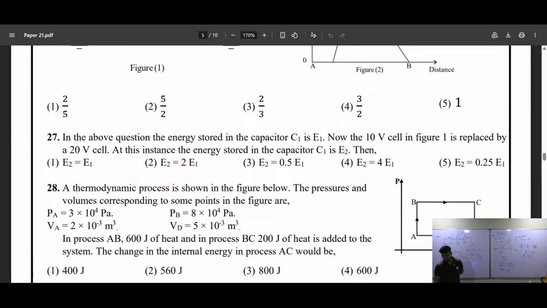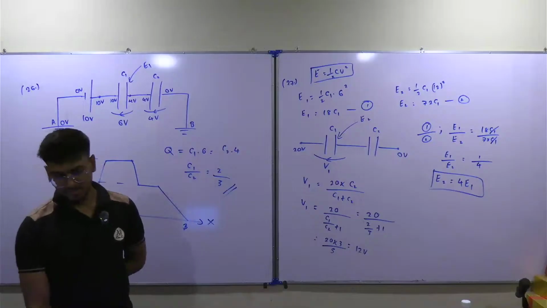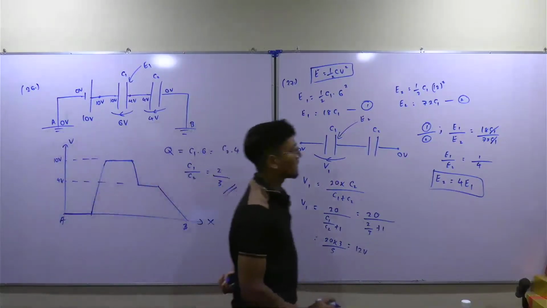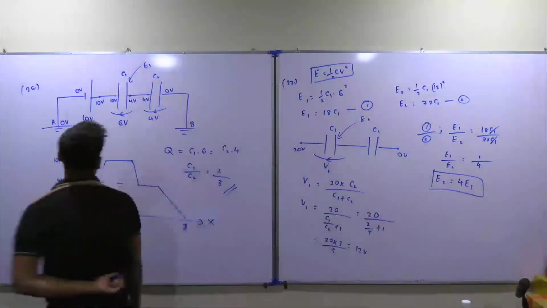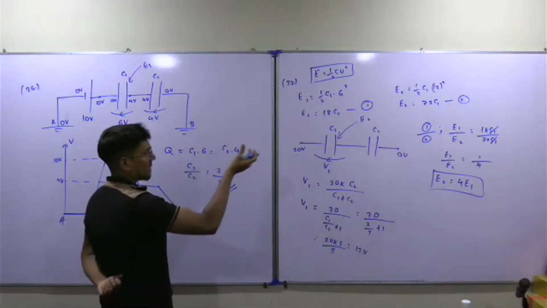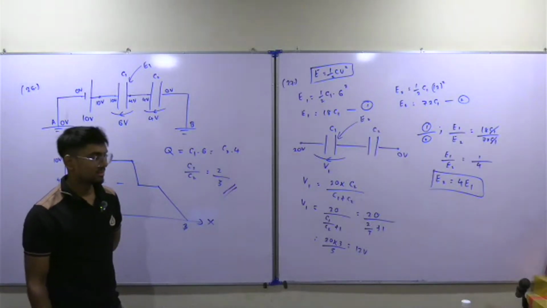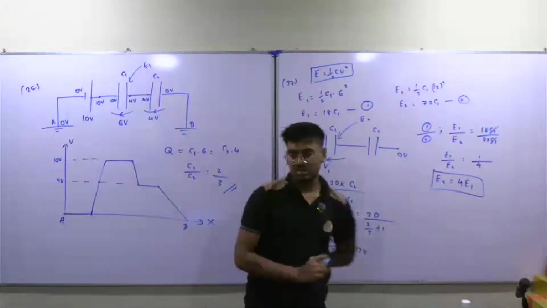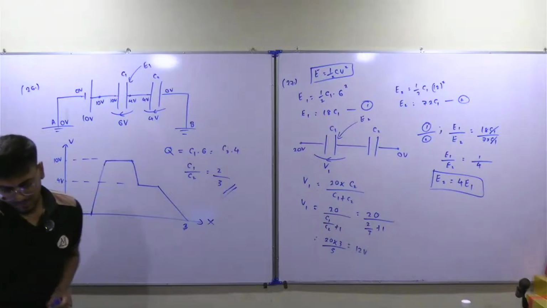So the answer is 4, the fourth one is the answer. When you increase the voltage, obviously the energy stored on the capacitor will increase, right? That cannot be lesser than E1, that should be greater than E1. So E2 is 4 times E1. Answer is the fourth one.